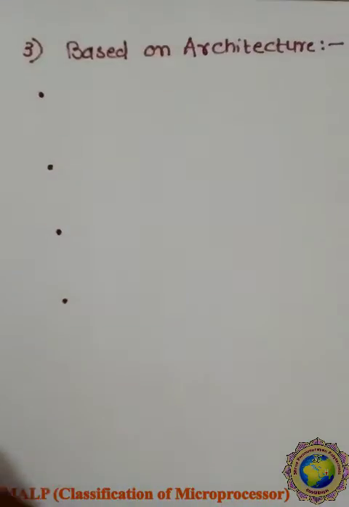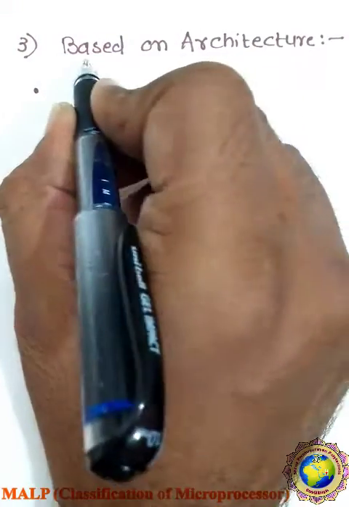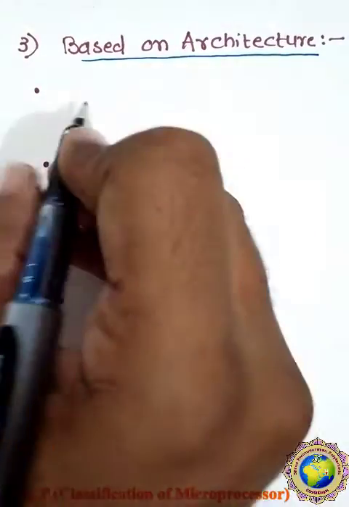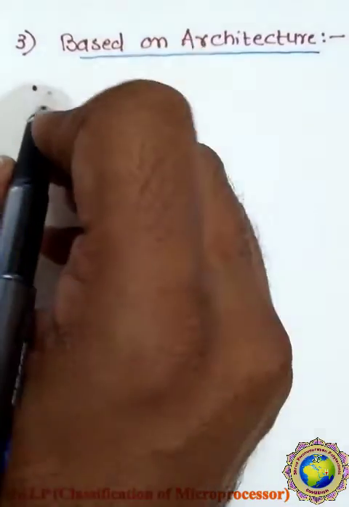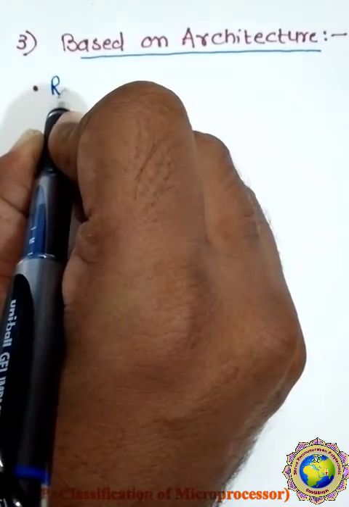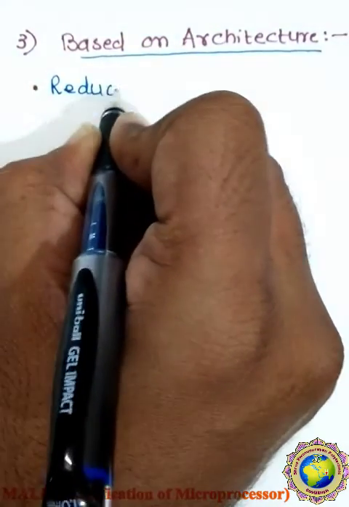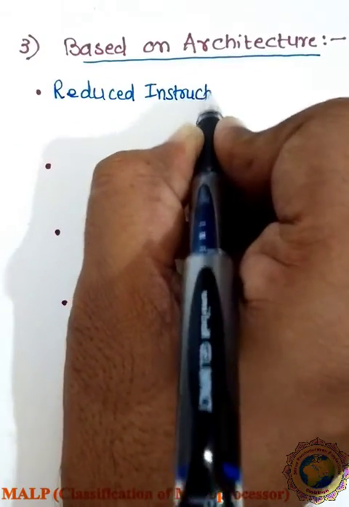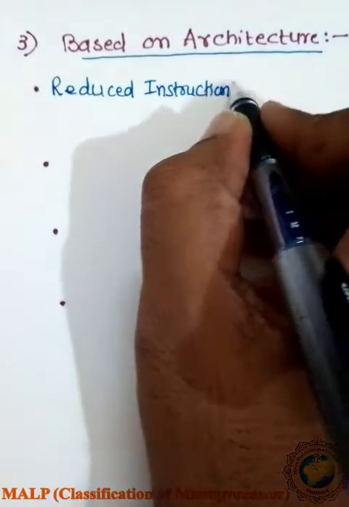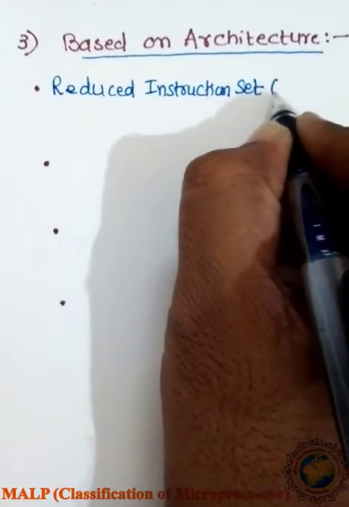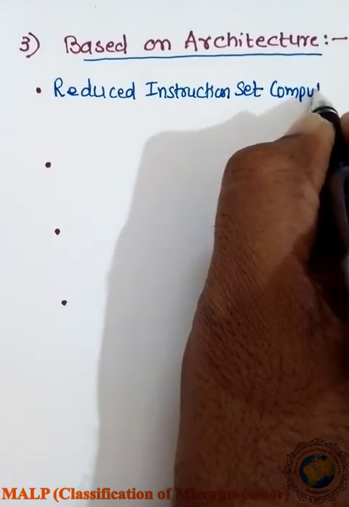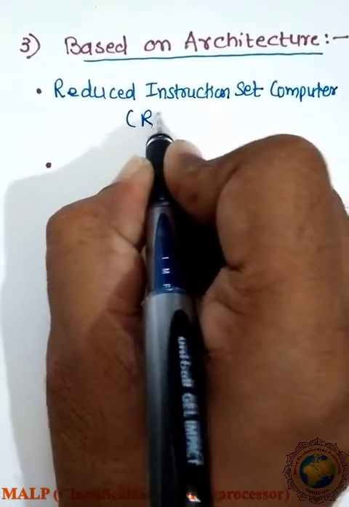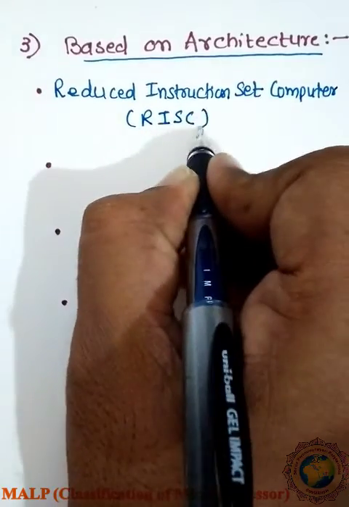And the last group for the classification is based on architectures. My first one is the reduced instruction set computer processor, which means RISC.